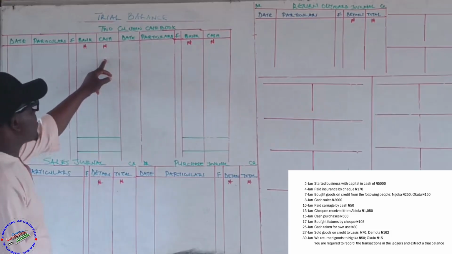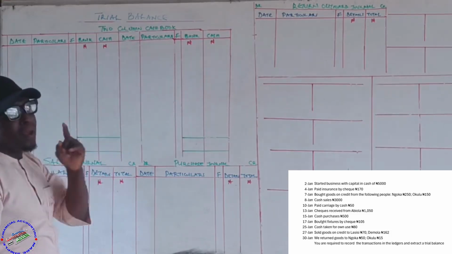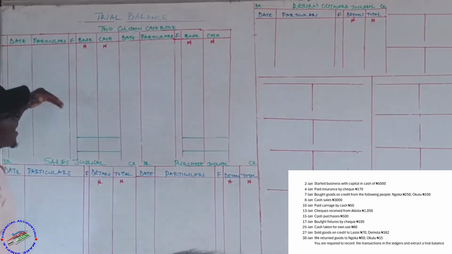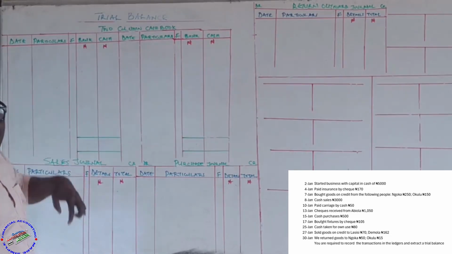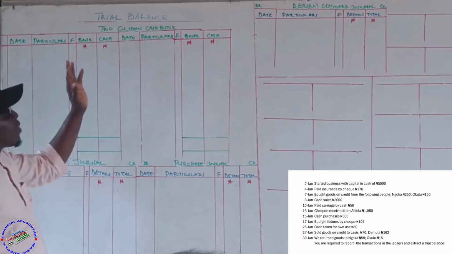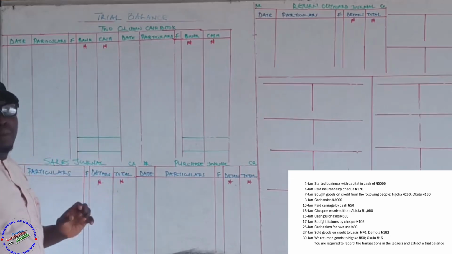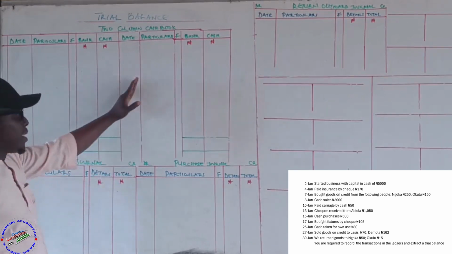We have the same thing on the credit side: date, particulars, folio, bank, and cash. Mind you, the debit side of the cash book records the receipts, whatever comes into the business, while the credit side records all the payments, or whatever goes out of the business.